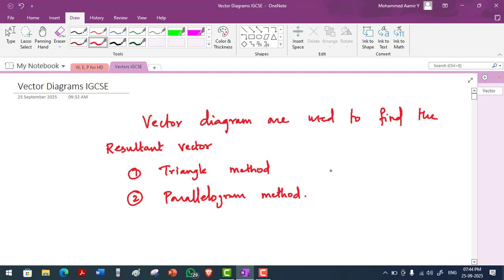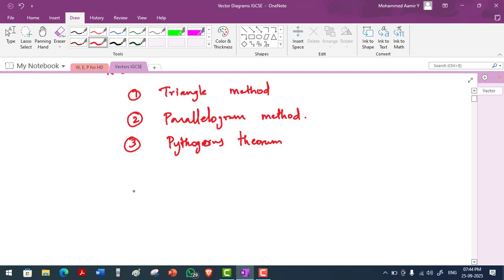We also use Pythagoras theorem, and a little bit of trigonometry, cos, sine, all these things. Now, what is the triangle method?